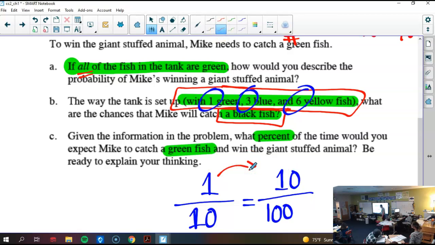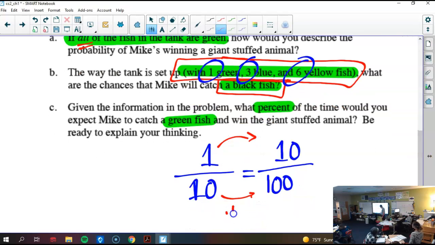Because percent means out of 100. So I need to get 100 on bottom, so we multiply that by 10. We do the same on top, and that gives us 10%.